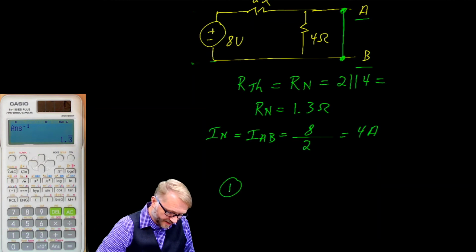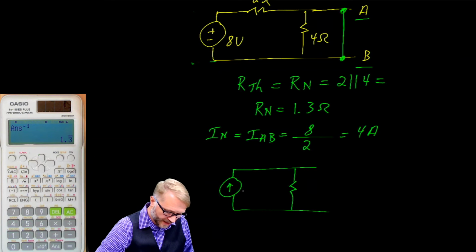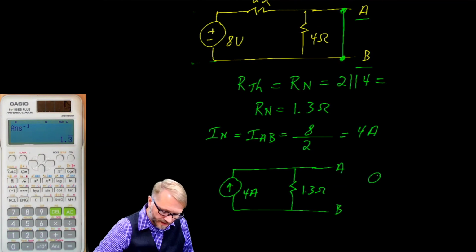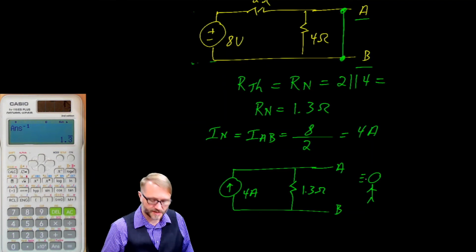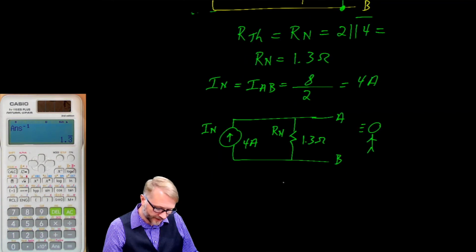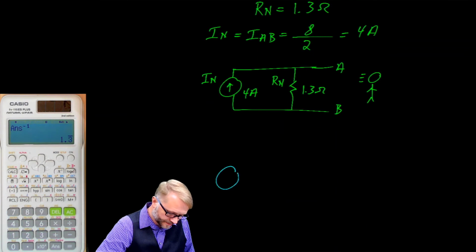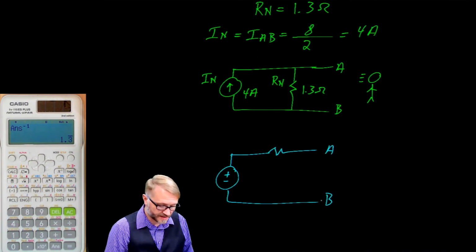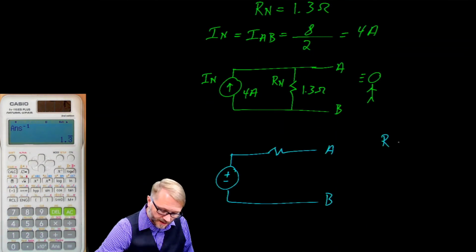If we sketch that, we see our Norton circuit looks like this. We have 4 amps and 1.3 ohms, terminals A and B. So looking in, that's what we see. We see the Norton source, Norton current, and Norton resistance. While we're here, we may as well convert it to Thevenin. The resistor part's easy because R Norton is equal to R Thevenin.